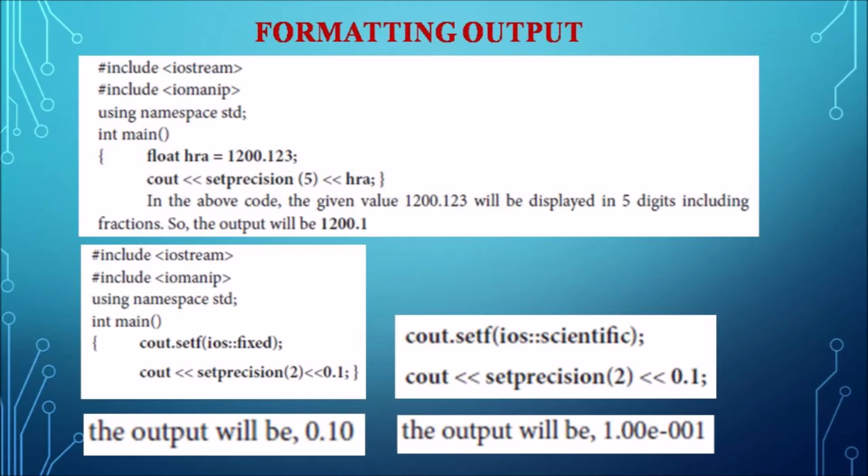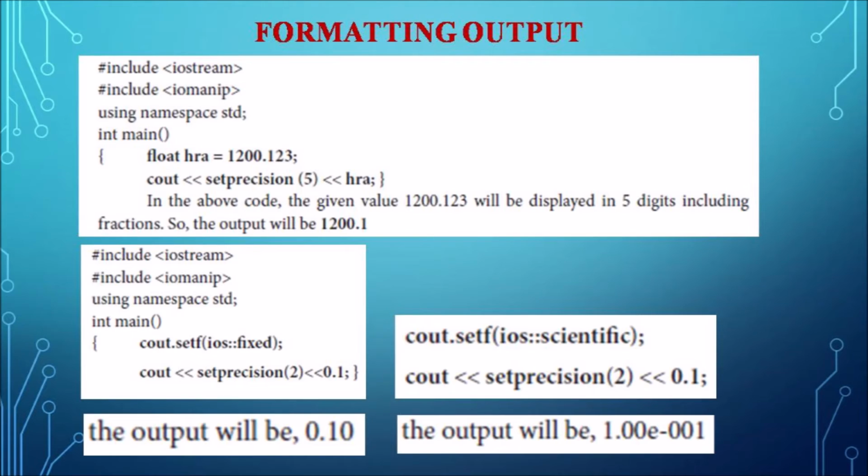Fixed means the number of digits after the decimal point is constant. Setprecision 2 means the output will be 0.10, that is, how many fraction digits must be included after the decimal point is given in the brackets within setprecision. So 0.1 is printed as 0.10.